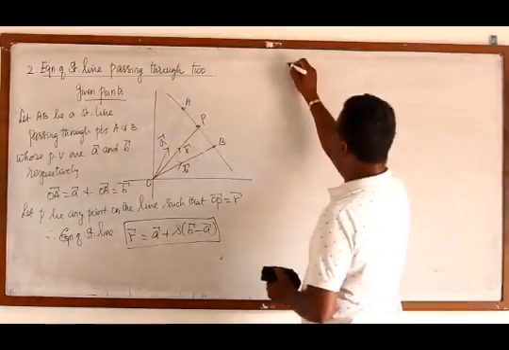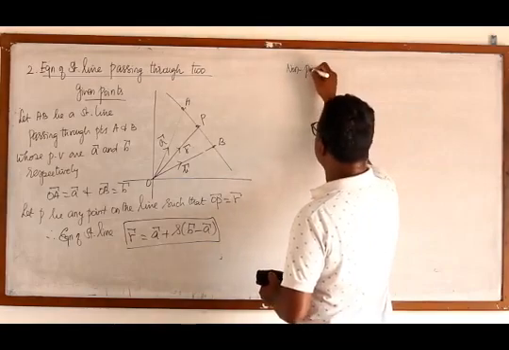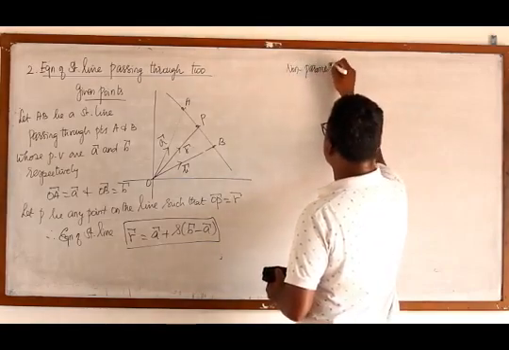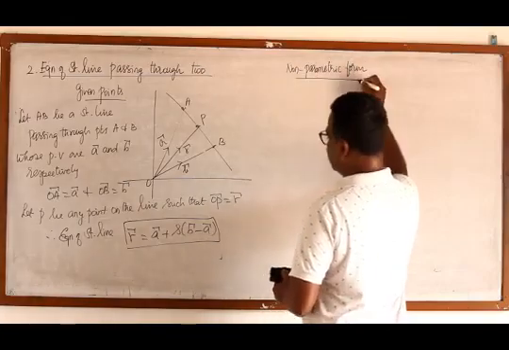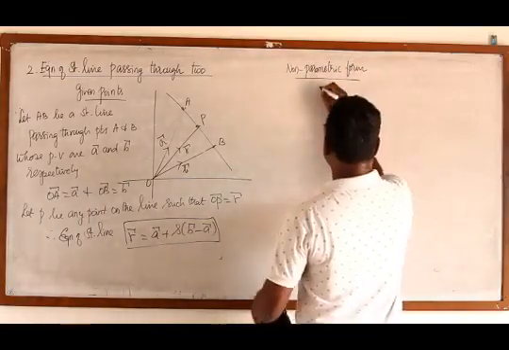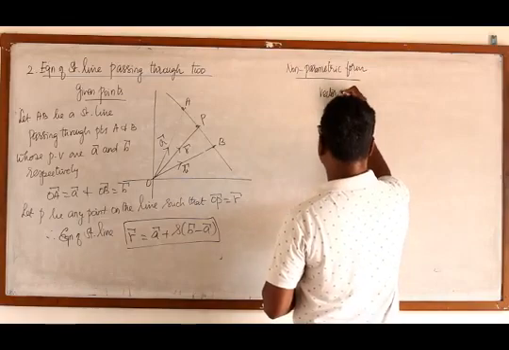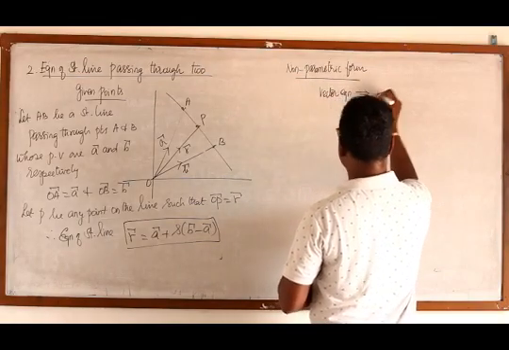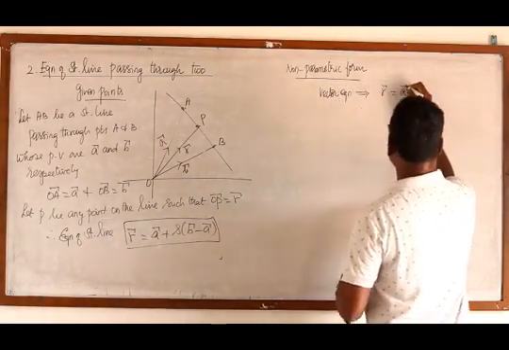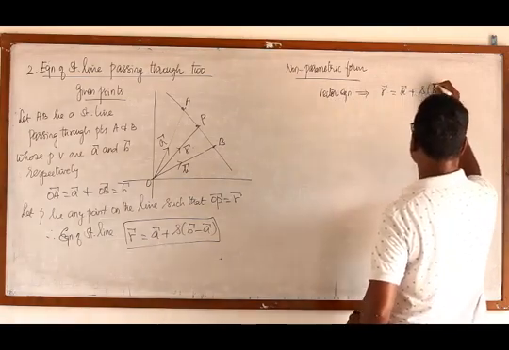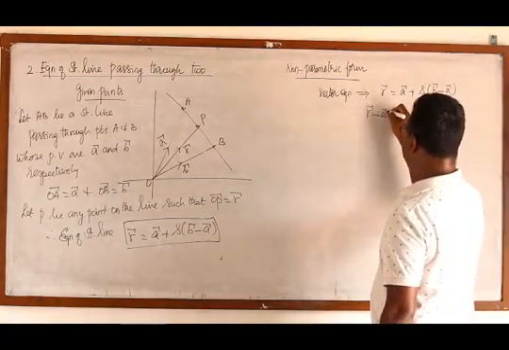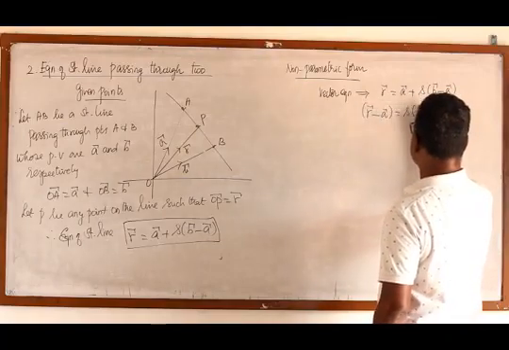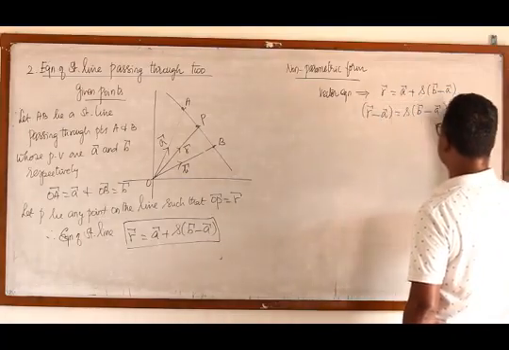Now, second one, non-parametric form. Shall I write the vector equation, r vector equal to a vector plus s into (b minus a), as r minus a vector equal to s into (b minus a) vector?